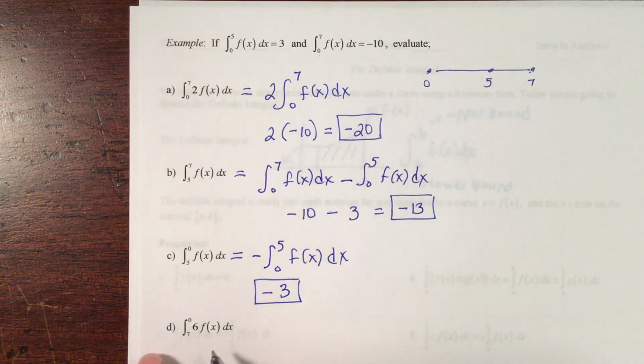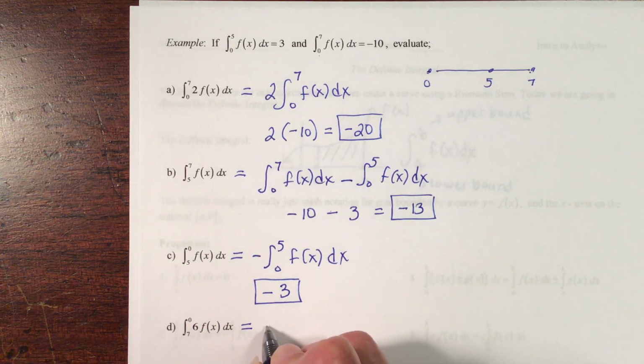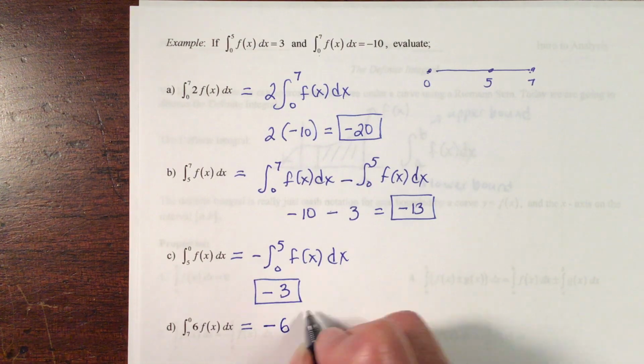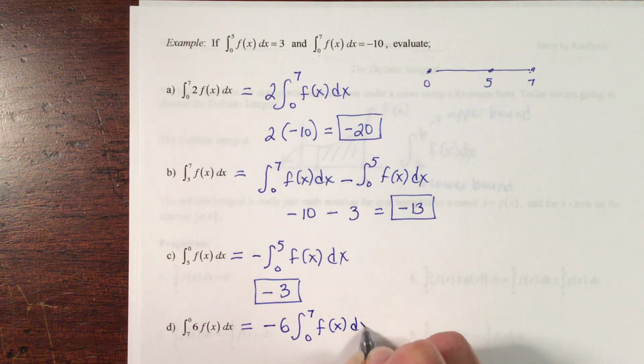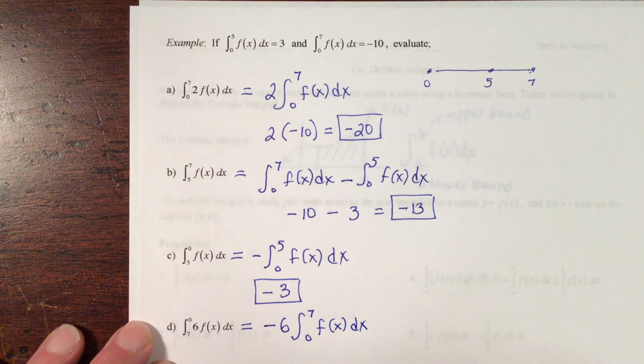And our last example now, so I have the integral from 7 to 0 of 6 times f of x. Remember, we have 2 things going on now. I've got to reverse, right? I've got to flip my bounds, and I have a multiplier. So since I'm flipping my bounds, I'm going to negate it. I'm going to bring out my multiplier, rewrite my integral in the proper order, and now I can substitute my known values.